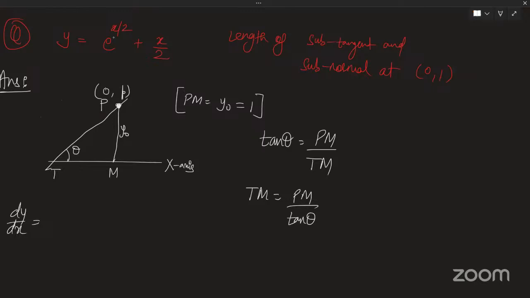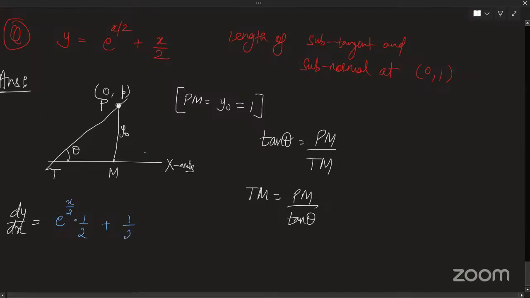Gayatri? Vignesh? It is e raised to x by 2 into 1 by 2, plus 1 by 2. Yes, correct.